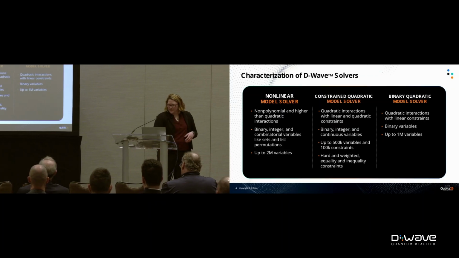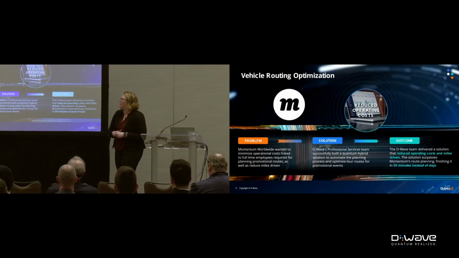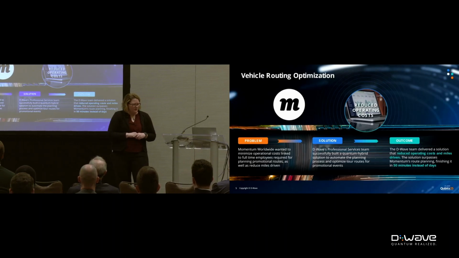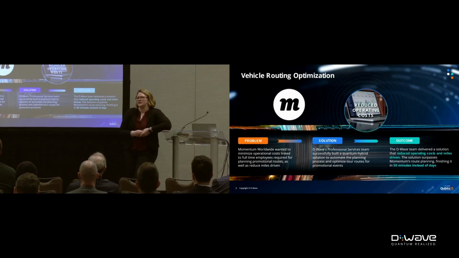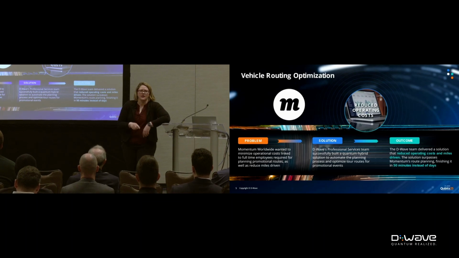Okay, so where does this talk come from, and what are we going to be speaking about? D-Wave has, in our professional services team, been doing a lot of work on different classes of problems, and lots of them are modeled out in those demo booths in the hall. What we're going to talk about today are routing classes of problems.